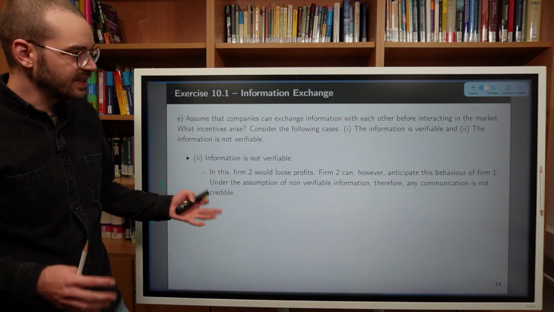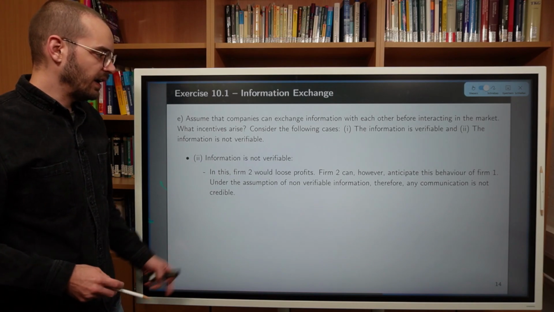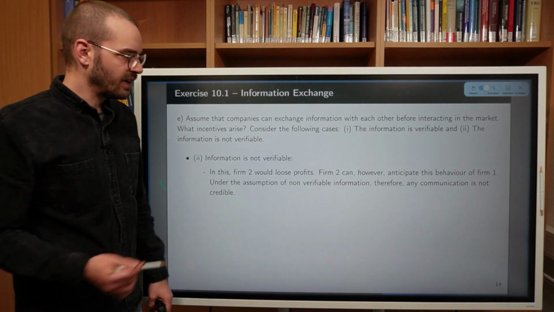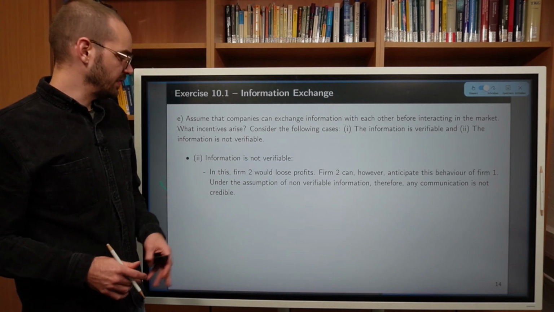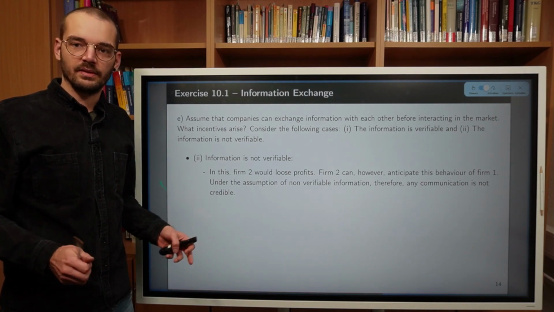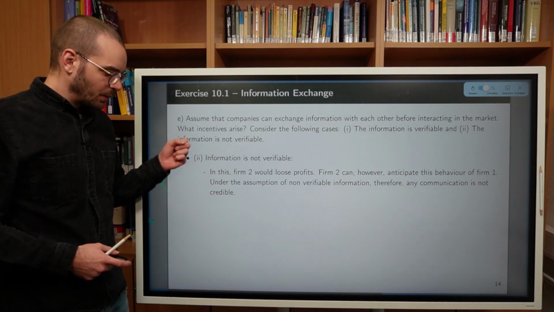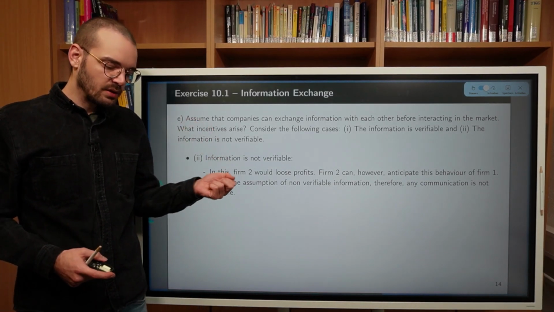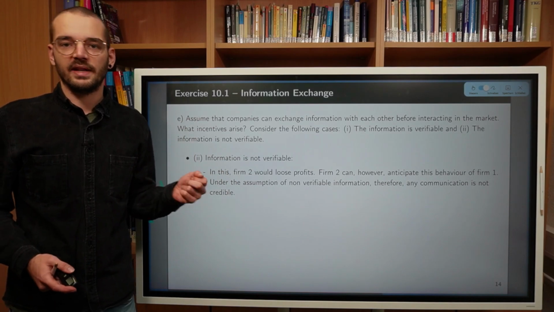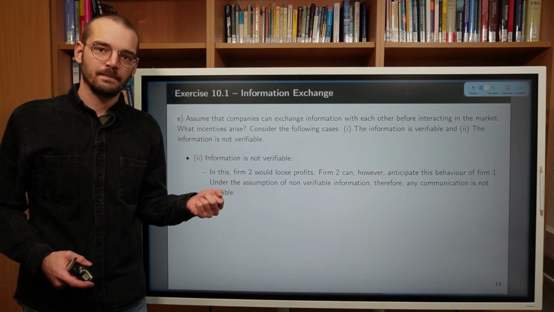Firm 2 can anticipate this behavior of firm 1, and under this assumption of non-verifiable information, any communication is non-credible, right? The idea is we know no matter what the actual costs of firm 1 are, they will always communicate to have high marginal costs.